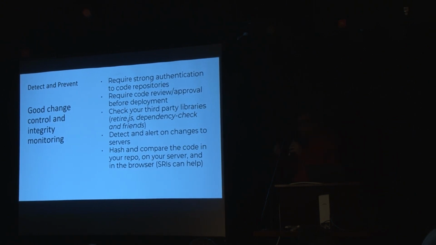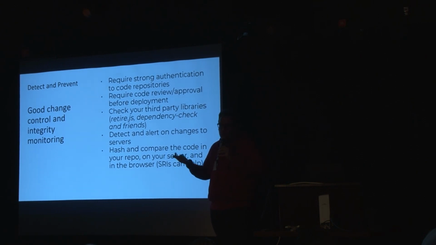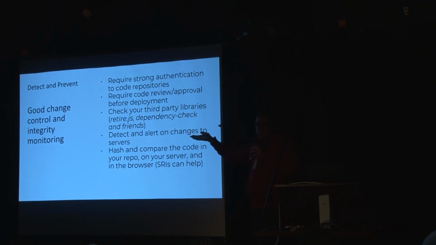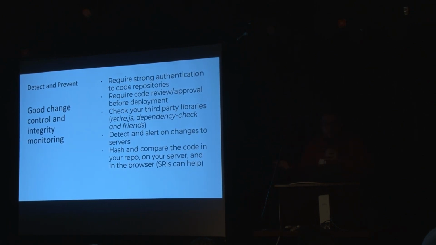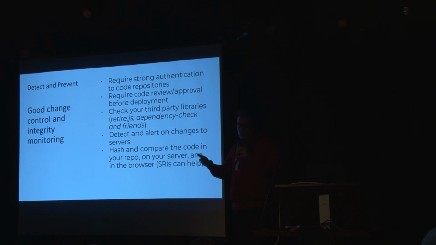When you're bringing in third-party libraries to your code, you should check them for vulnerabilities as well as maliciousness and typosquatting. Retire.js and OWASP Dependency-Check are a couple of open source tools to help you with some of that. If your repo is clean, you need to detect and alert on changes to the servers, if they're mutable servers.